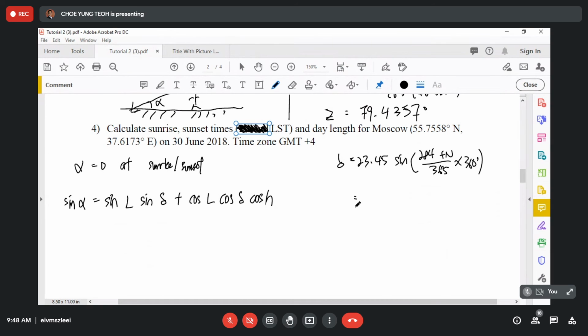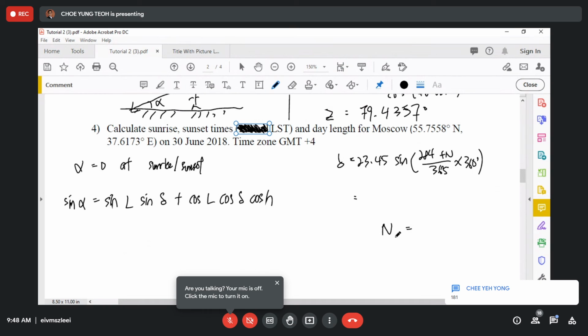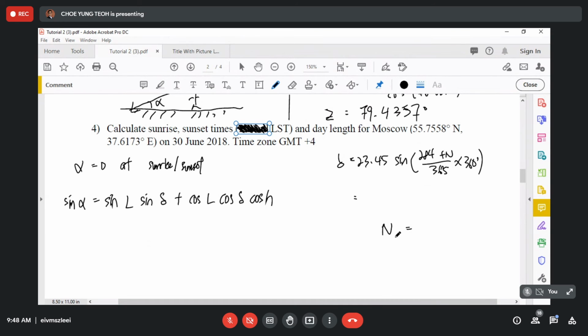So now left only the declination angle. Maybe we get the number of n. What's the number of n for this question? One eight one.